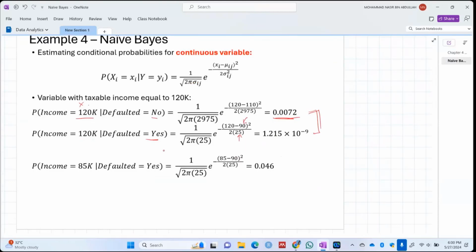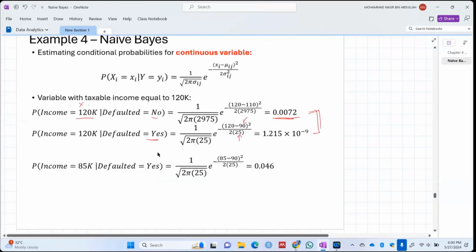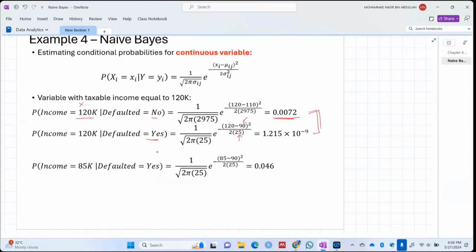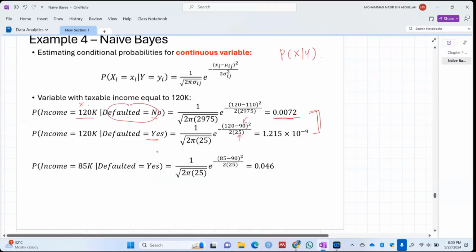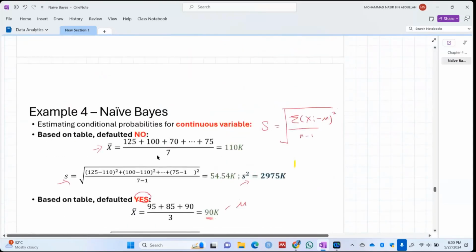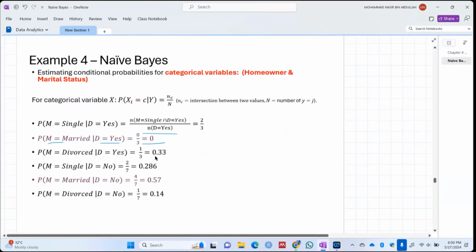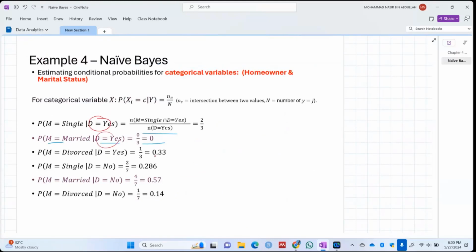Okay, so what we computed just now is the probability of X given Y. Notice that default is already at the back, given, right? So this one also has default at the back.